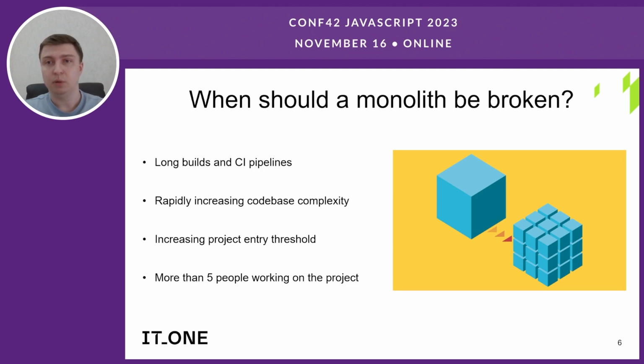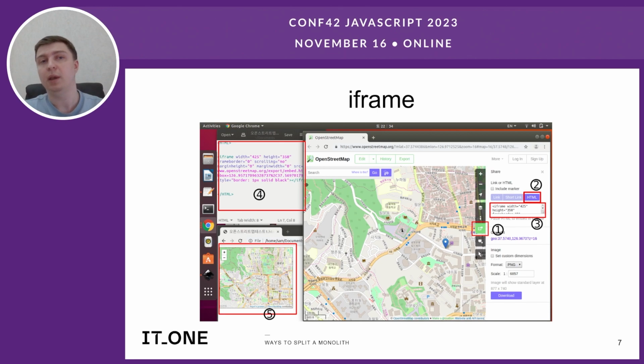And just imagine you found all these triggers in your application and you decide to reduce your code complexity and split your monolith. How can you do it? Let's take a look at the first way, and it is iframe. It is the oldest and the most time-tested method.